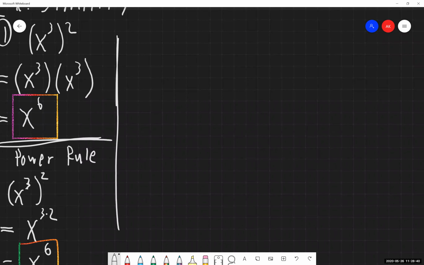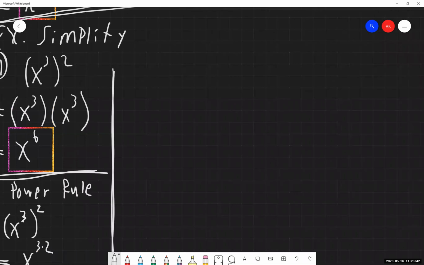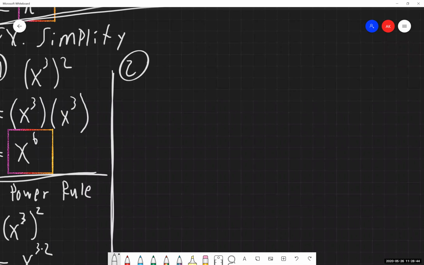So we'll take a look at our second example from that set, where we're given 4a to the fourth raised to the third. Just like we did before, except now we have a product being raised to a power, which is fine.